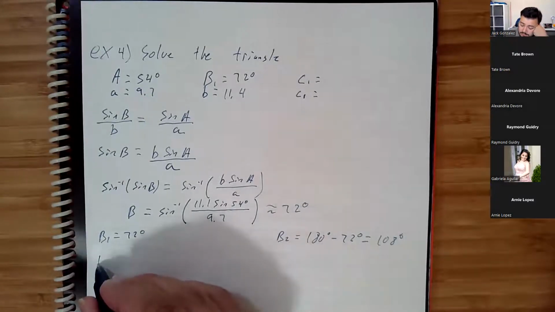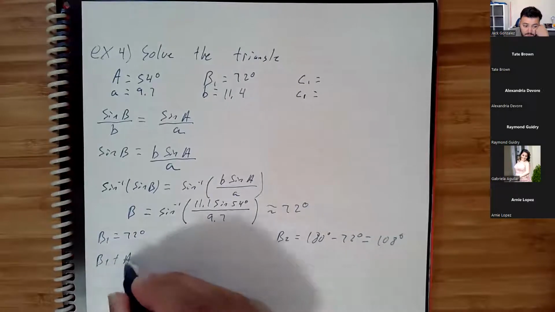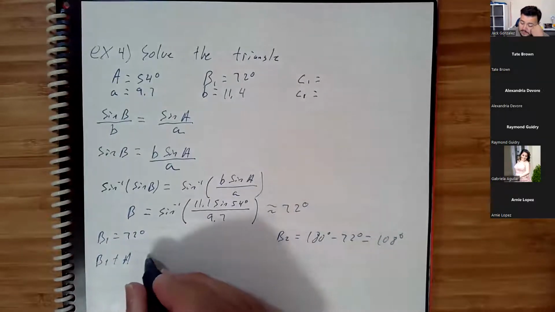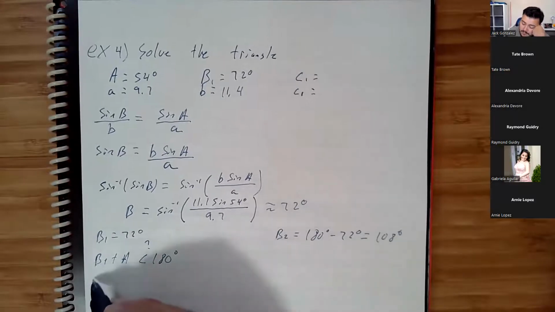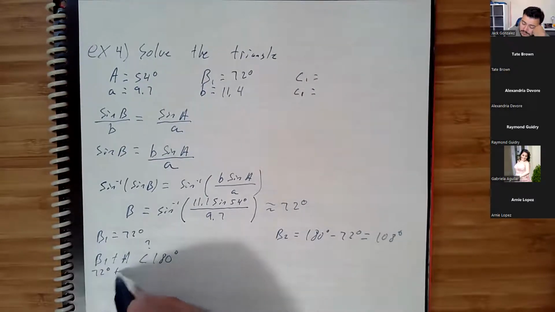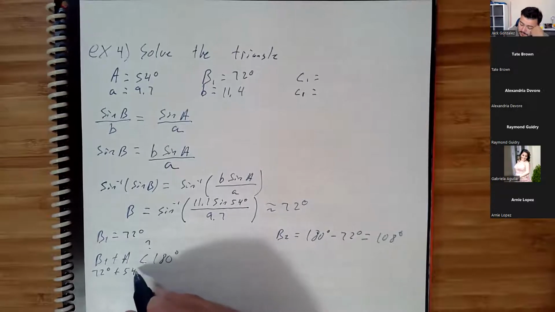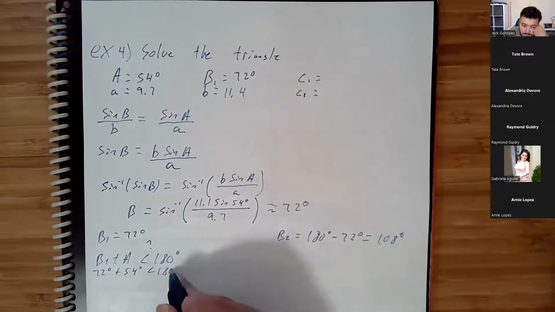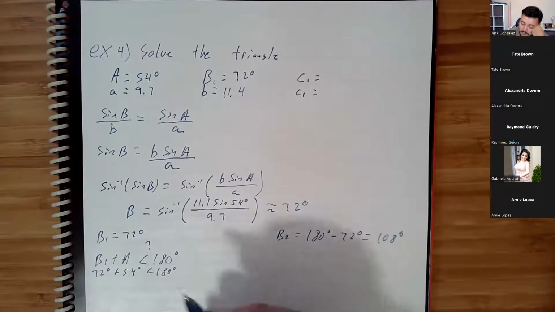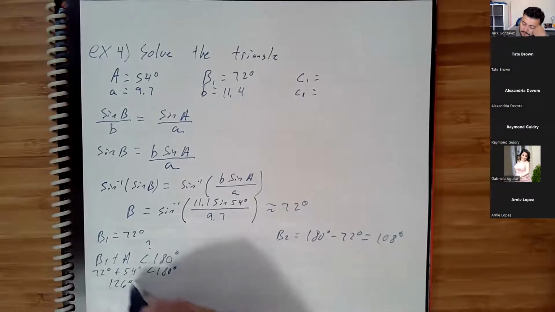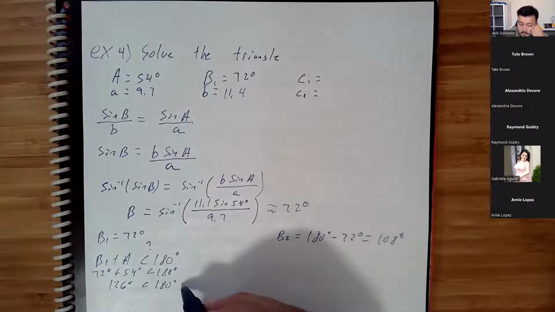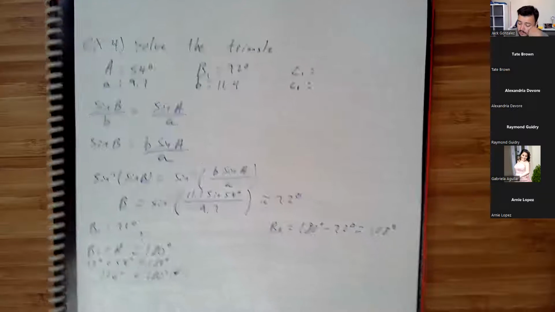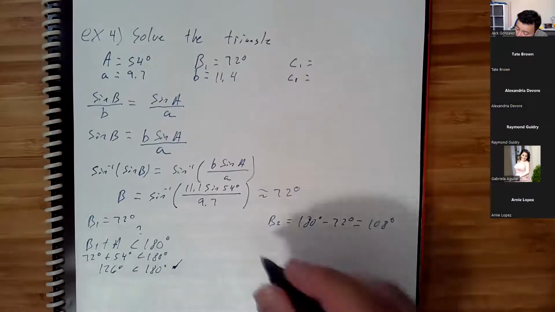So you say, okay, well, is B1 plus A less than 180? Is 72 degrees plus 54 degrees less than 180? Yeah, right. So that means we're good with that particular solution.